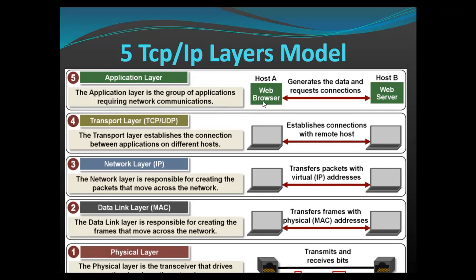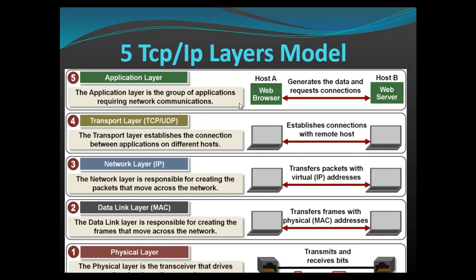Here there's a host A and a host B. Host A generates the data and requests a connection, and host B, of course, will be responsible for responding to host A. At this point, the application layer is those apps that we check on to see if they are working properly.